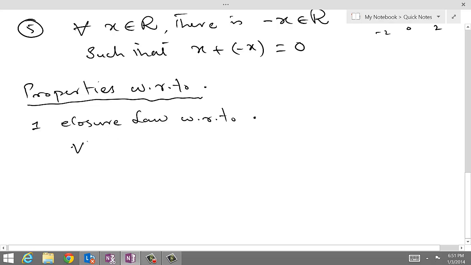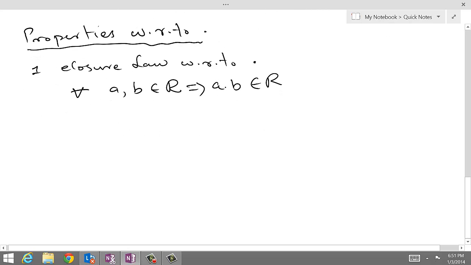So we say for all a, b belonging to R, a times b belongs to R, means that the product of any 2 real numbers is always a real number and it is contained in that set.